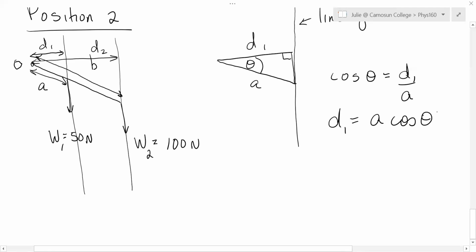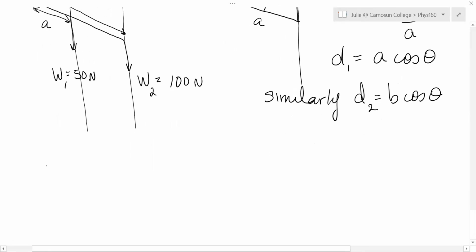Now D2 is exactly the same triangle, except it's got B for the hypotenuse. So similarly, D2 is B cosine theta. Now, when you go to do the net torque about O, you use the D's.